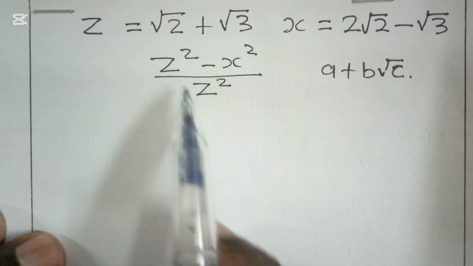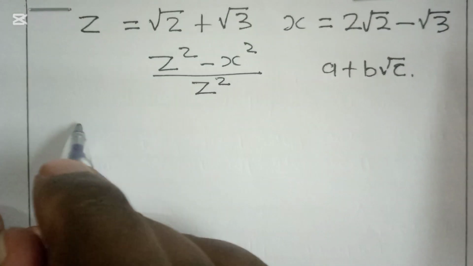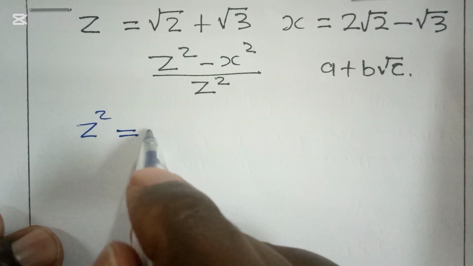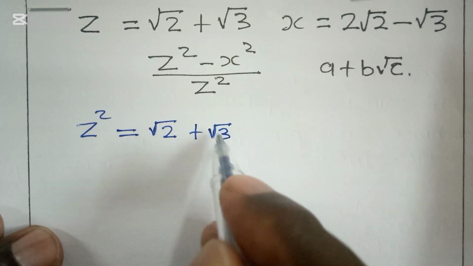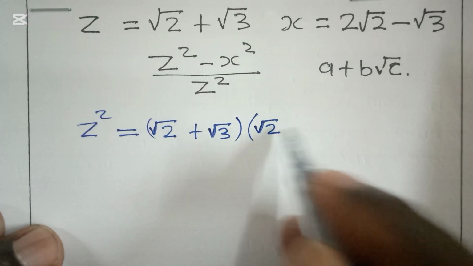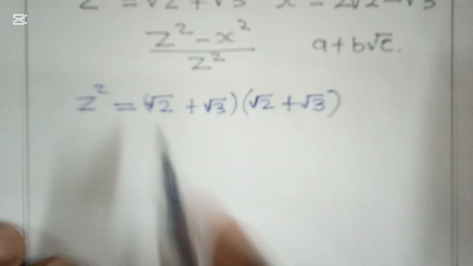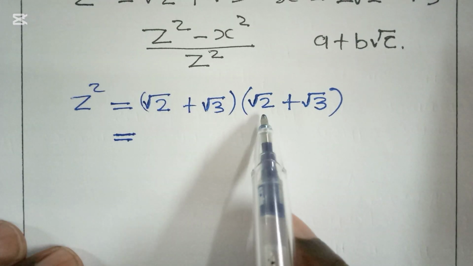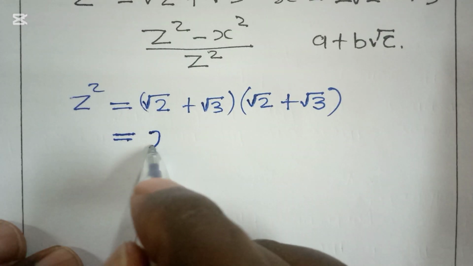We'll come here and now find the z squared from this. That is, z squared will now be equal to square root of 2 plus square root of 3, you square that. So guys, when we square that, we shall get square root of 2 multiplied by square root of 2 gives us 2.